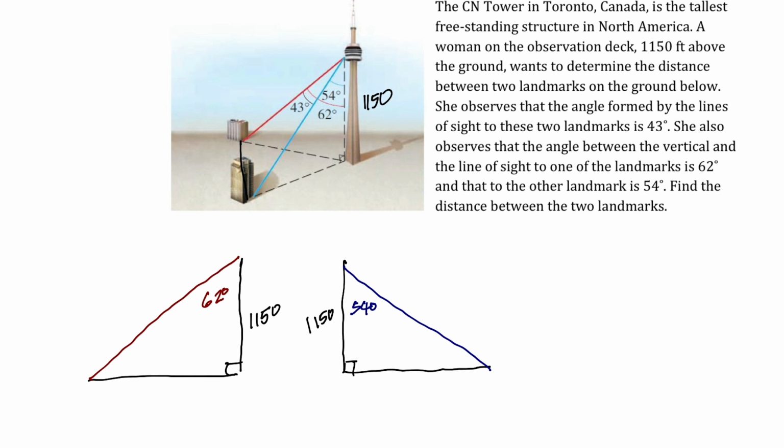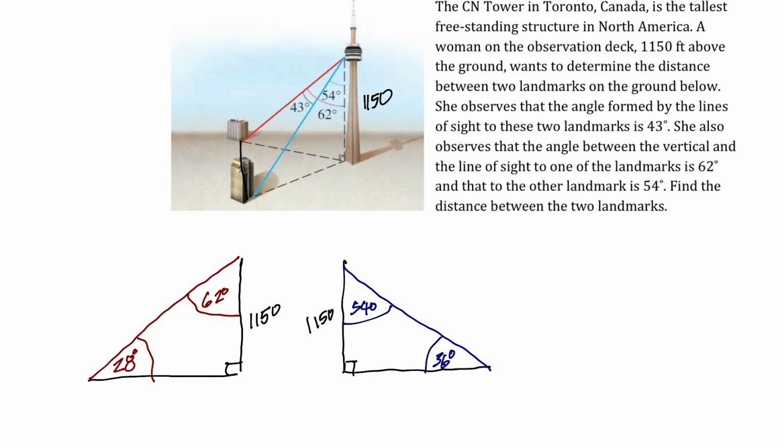And I can find the other angles as well right now. So why don't I go ahead and do that? When I subtract 62 and 90 from 180, I find out that this is 28 degrees. So I have a 62, a 28, and then over here on the triangle with the one blue side, we figure out that this is 36 degrees.